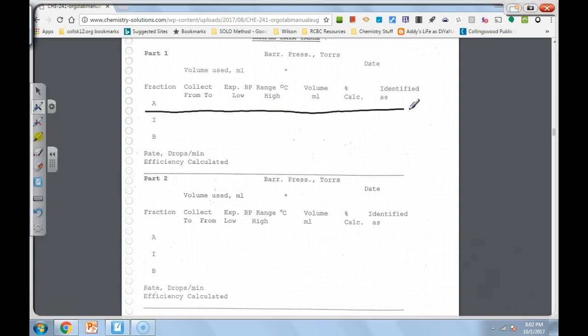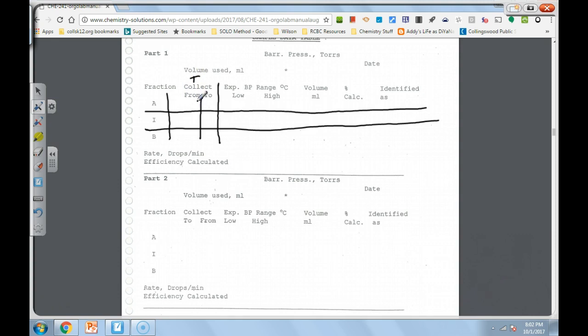This is, first of all, should be really long and skinny, okay? Now, this tells you which fraction that we collected, obviously, A, I, and B. Now, what's not clear here in this layout, but should be, is that this is the temperature that we collected.